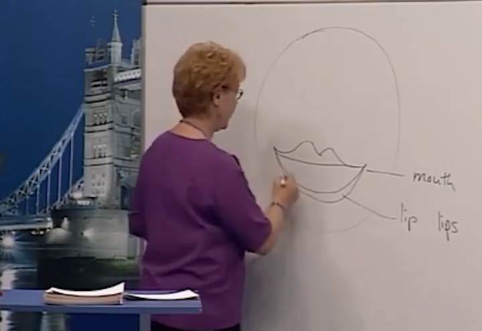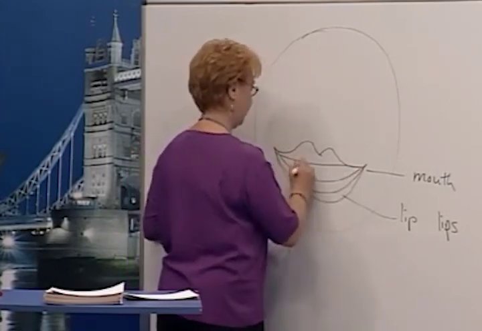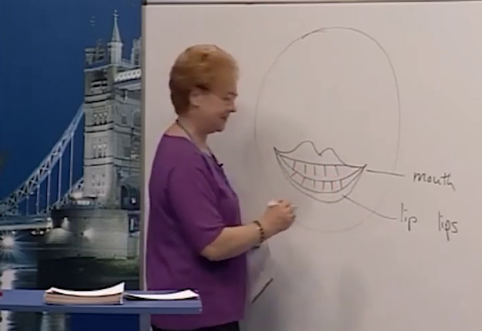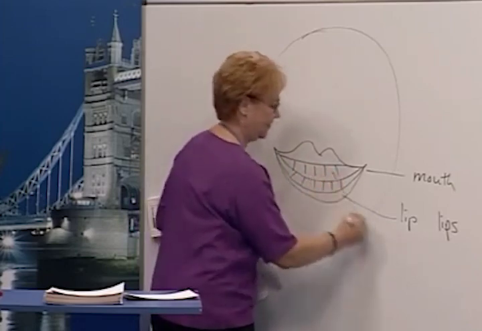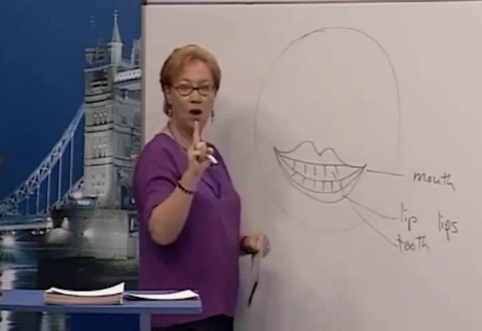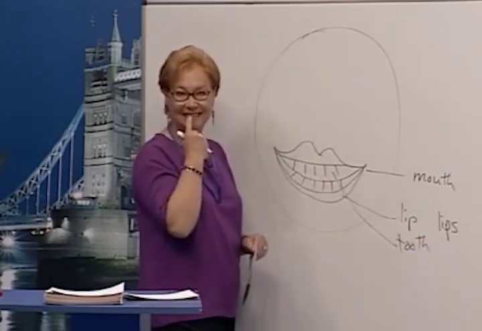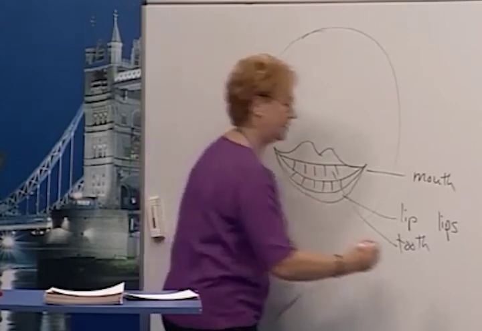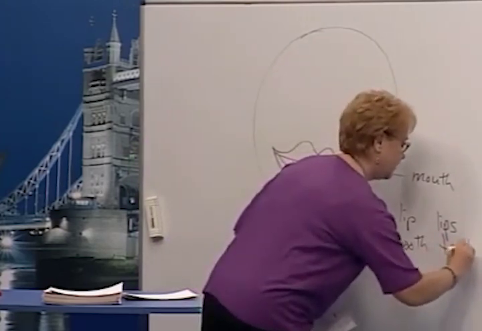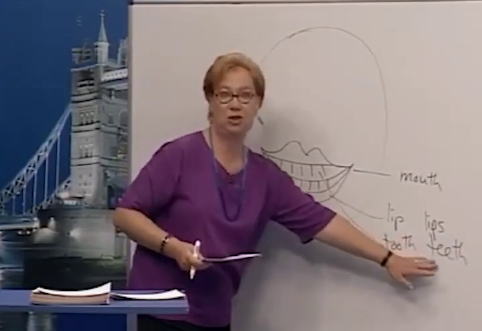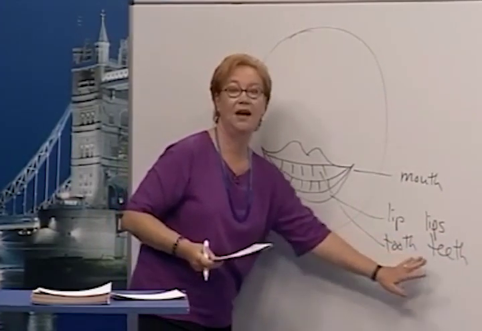Also, in the mouth, we have teeth. All right? Now, one is tooth. One tooth. Many is teeth. Teeth. This one is special, okay? Tooth, teeth.